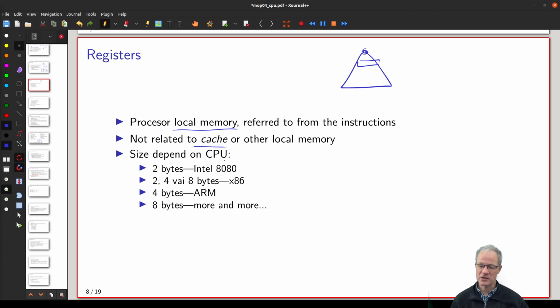The size of the registers depends really on the CPU. The early processors would have 2 bytes. And actually, some smaller microcontrollers still have 2-byte registers, which is sufficient for the particular tasks that they are performing. Some others may have 2, 4, or 8 bytes.